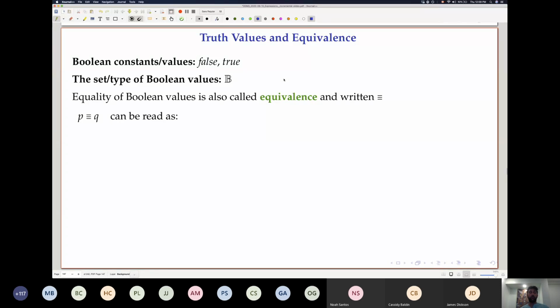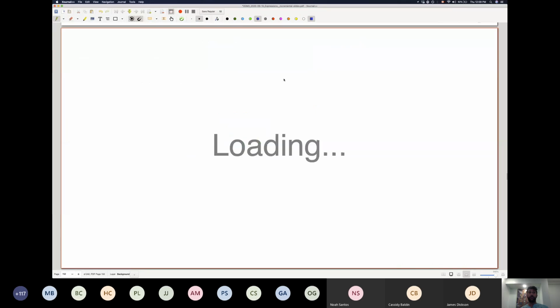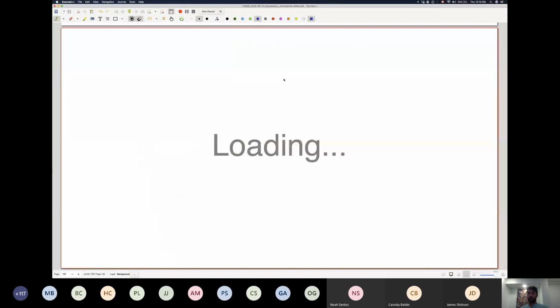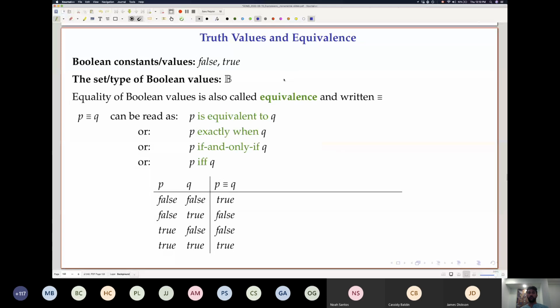We can read it as equivales, is equivalent to, if and only if, precisely when, exactly when, and some people will actually just say equals, because it is just equality on the Booleans. So false is equal to false, that's true. False is equal to true, that's never true. So the only time that two things are equal is when they're the same thing.